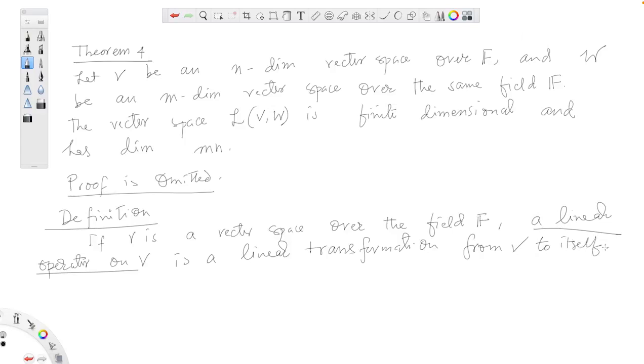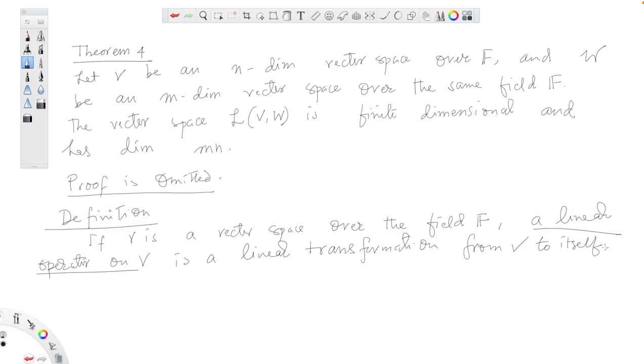So instead of saying that we have a linear transformation from V to itself, we'll just say that we have a linear operator on V. We'll save a few words by going to this new term, linear operator on a given vector space.